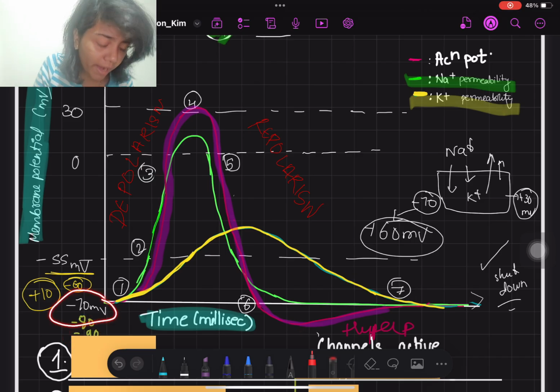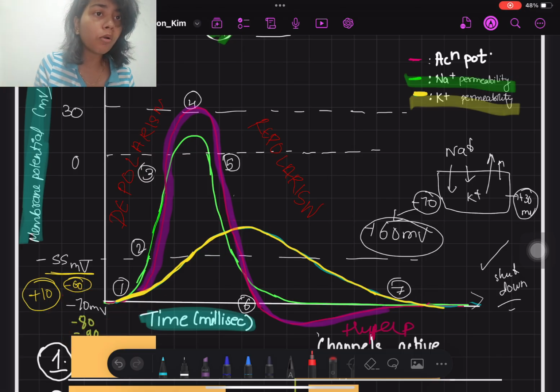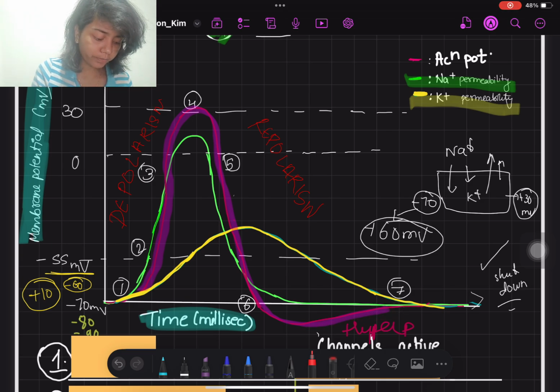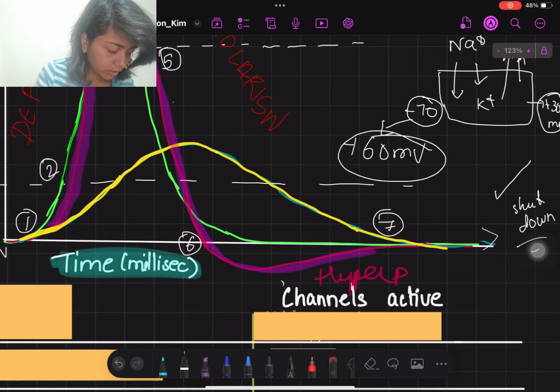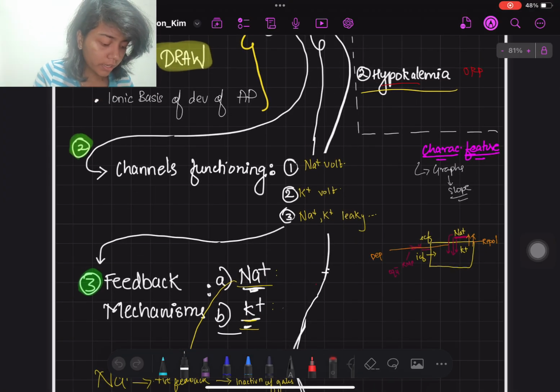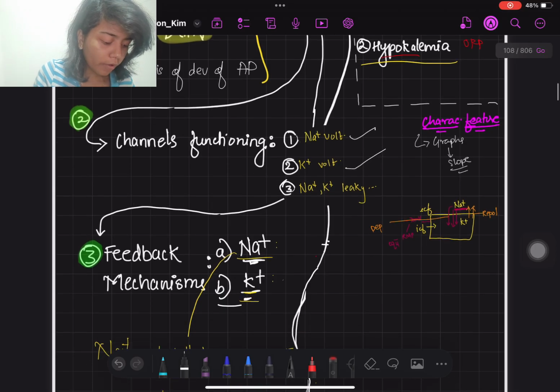We wanted to reach minus 70 millivolts, but we have now come to minus 90 because potassium gates were too slow. Now we have to come back to minus 70 millivolts. Remember I had told you which channels are functioning: sodium voltage-gated at depolarization, potassium voltage-gated at repolarization, which were too slow.